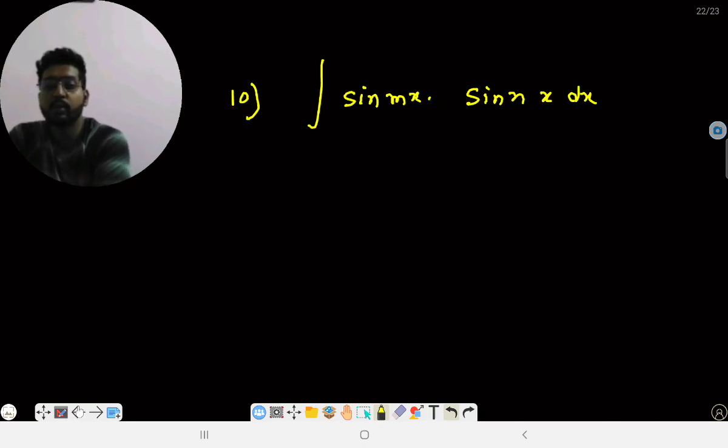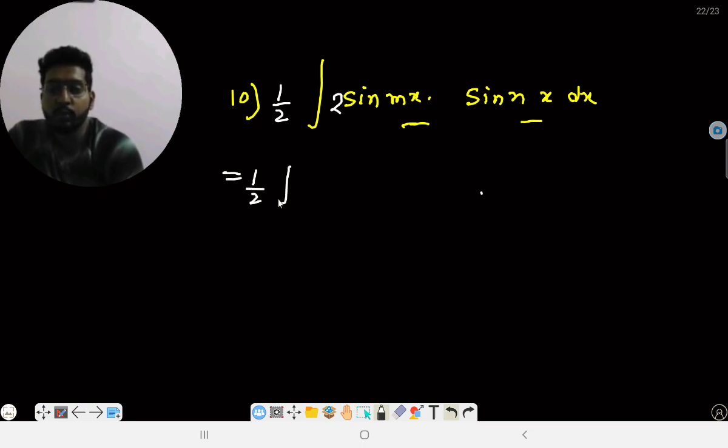So here it is given like this, the sin x sin y formula. First of all, what we need to do is take a half here and multiply by 2, so that it becomes 2 sin x sin y.